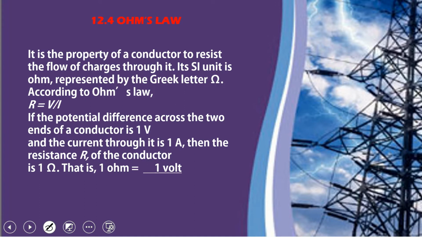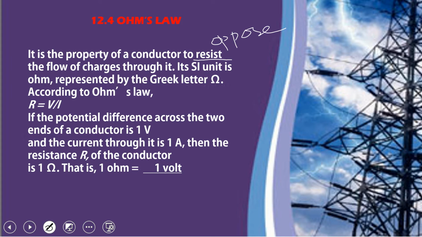Now a little more about it. Resistance is the property of a conductor to resist the flow of charge through it. Now you know the meaning of resistance. The meaning of resist is oppose. So it is a property of the conductor to oppose the flow of charge through it.